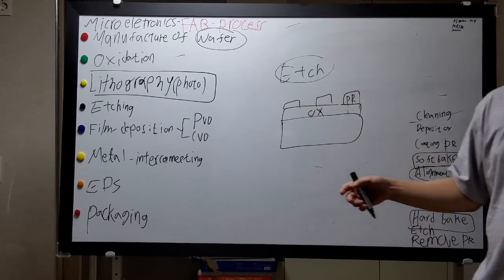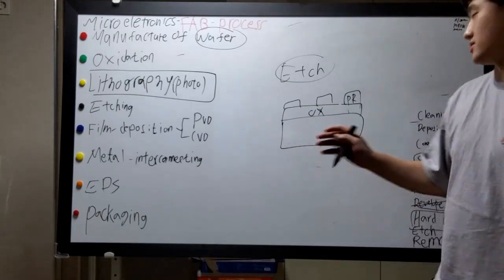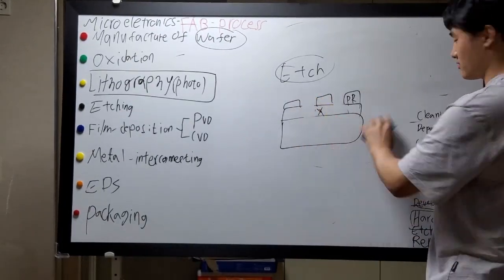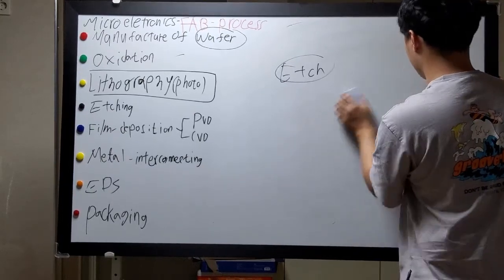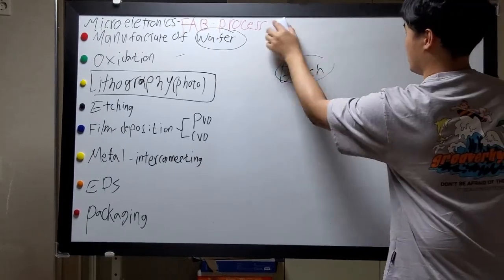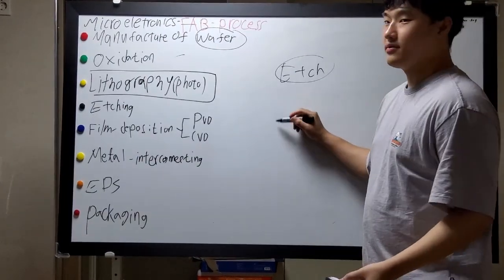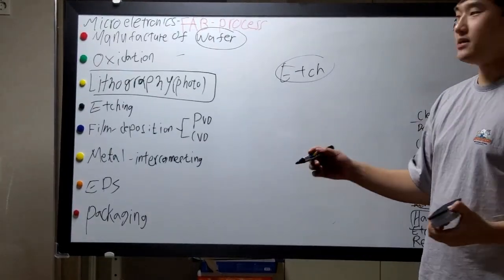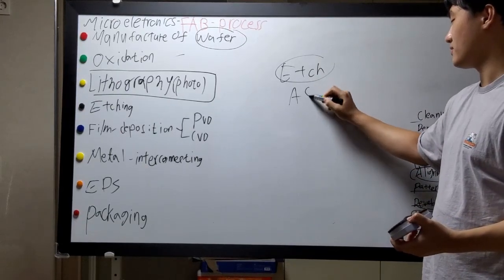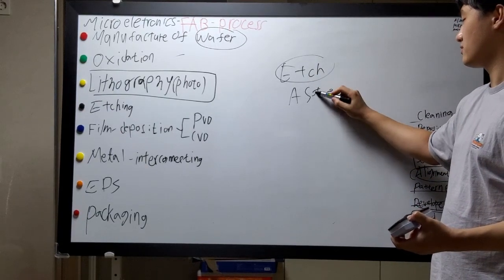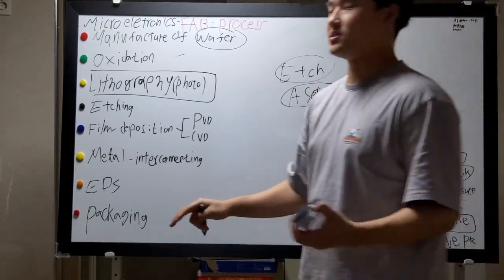Etching means just cutting off the unneeded material or segment like this. And then finally, to take off the PR, we etch the PR with some material like acetone or anything that can work as an eraser.